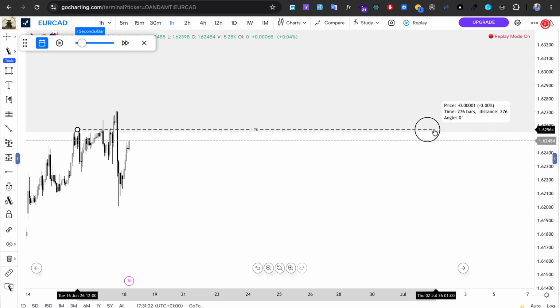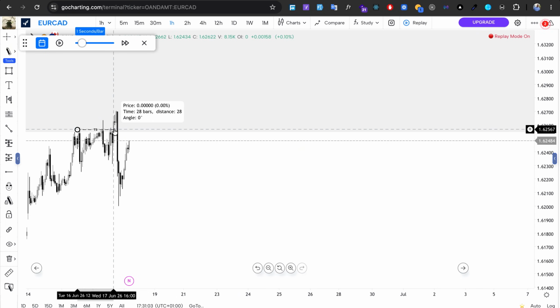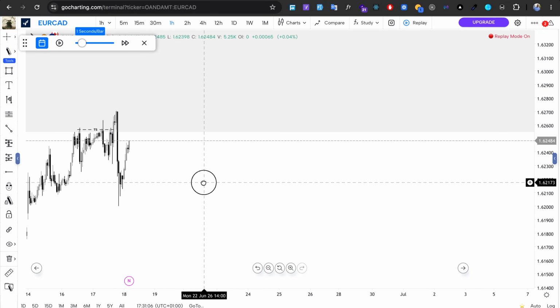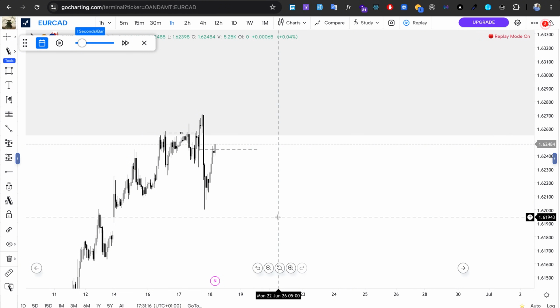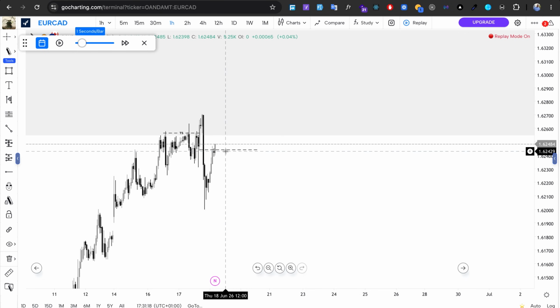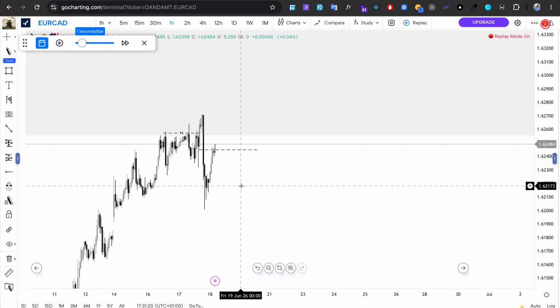You understand? I would have said let's enter here. Because this pair is looking bullish, at the same time we are looking for a bearish opportunity because of what we have.